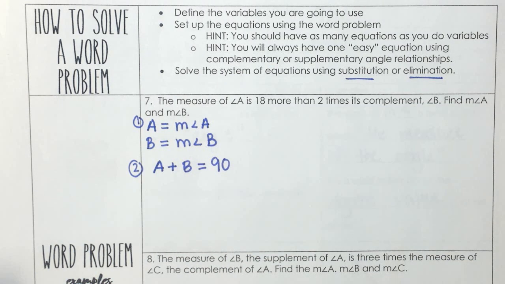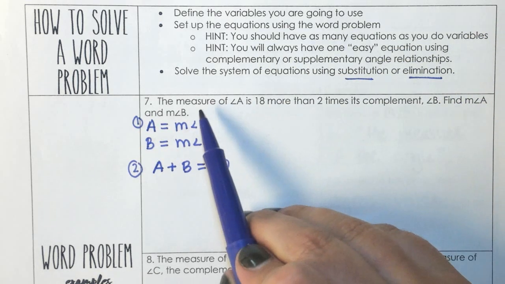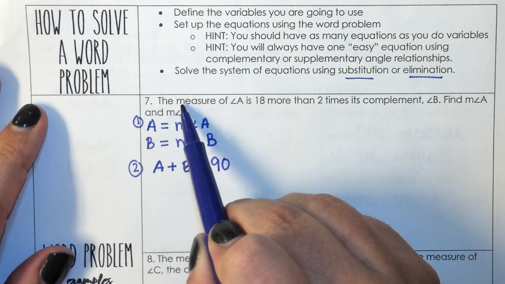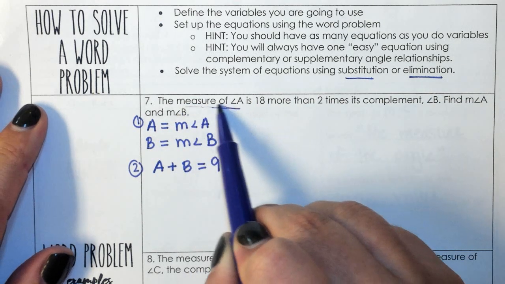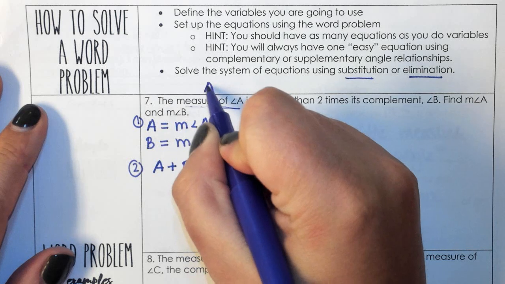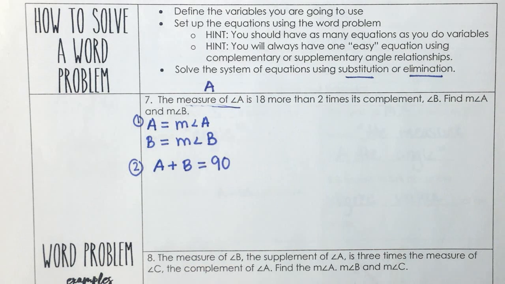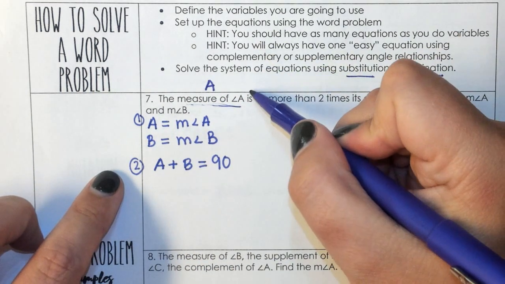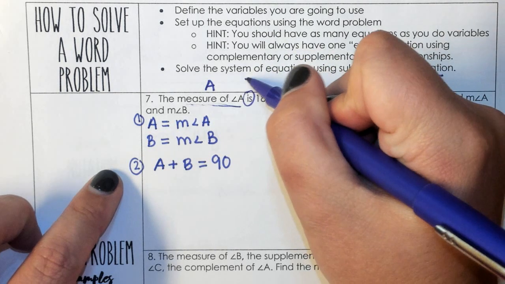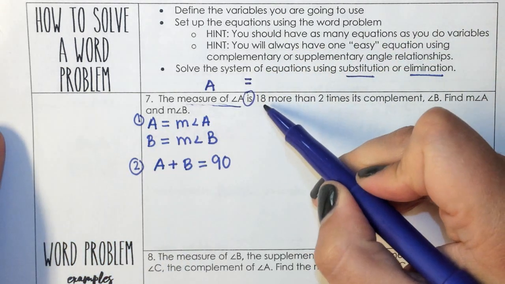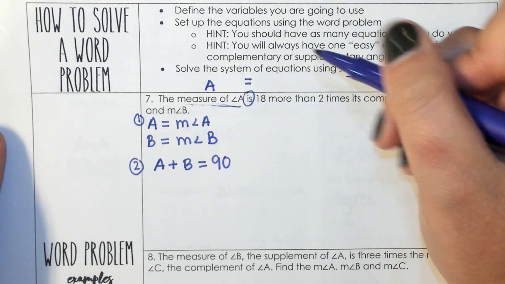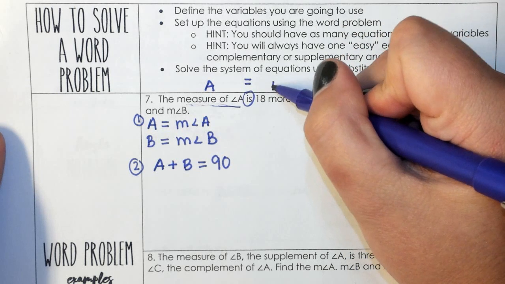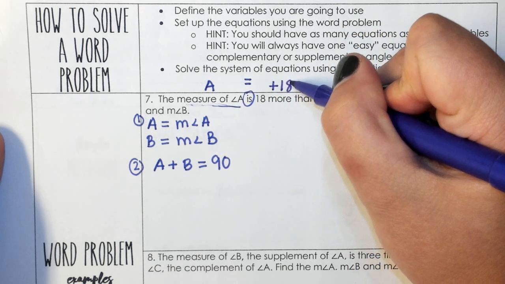Then now what I need to do is use the rest of the word problem up here. So I'm going to decipher everything that's going on. The measure of angle A, we define that to be the variable A. So I've got that. Is means equals. 18 more than, if something's more than something else, it's an addition of that 18.